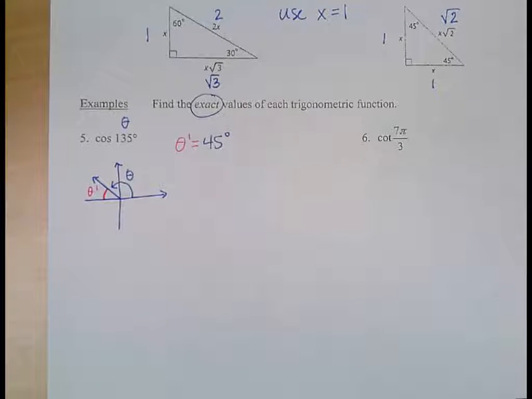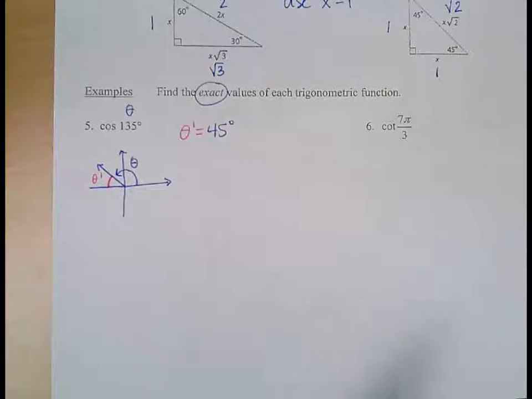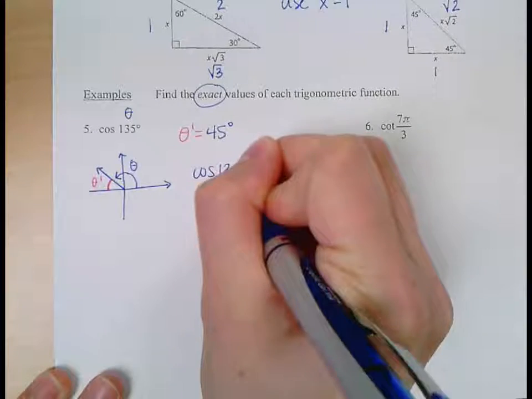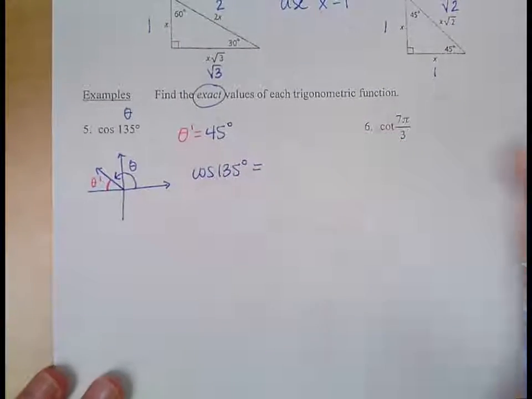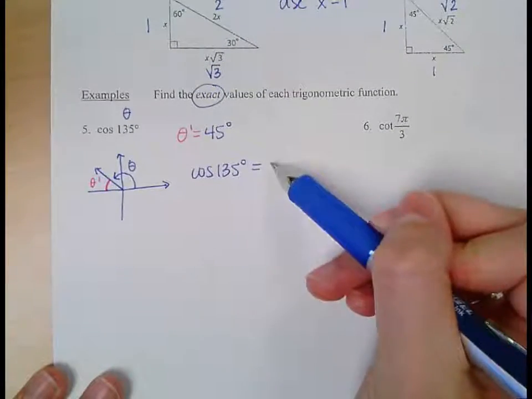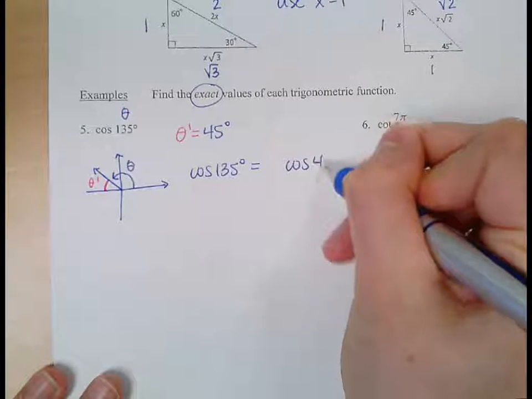Something might not be calculated correctly. So what this means is that cosine of 135 degrees is equal to, I'm going to leave a little bit of space here because we're going to have to determine if it's positive or negative, but it's equal to cosine of 45 degrees.